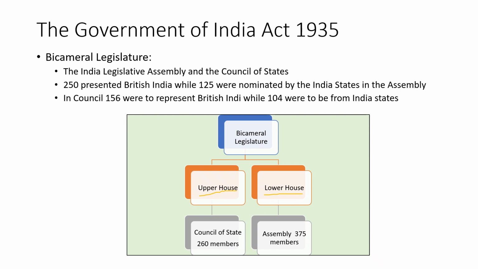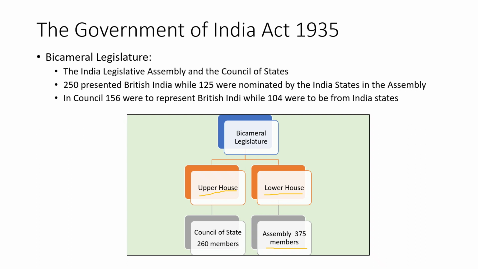The upper house was called the Council of State and it consisted of 260 members, and the lower house was called the Assembly, and it was decided that there would be 375 members of the lower house. It was decided that the president and vice president of both houses would be selected by the members of these houses.